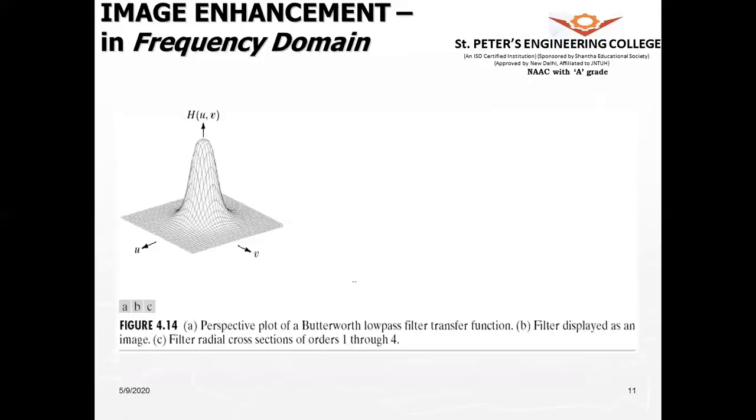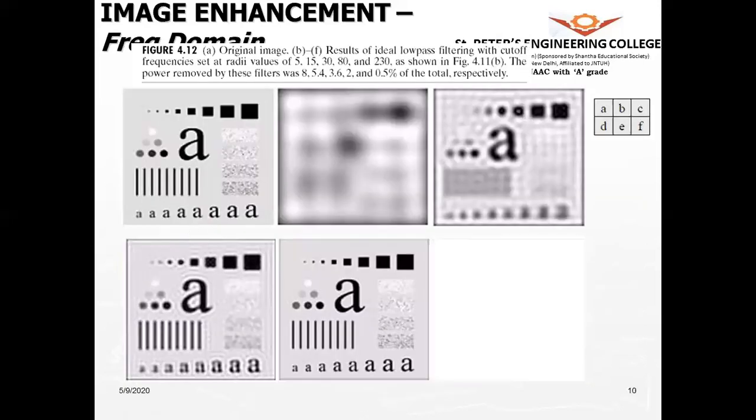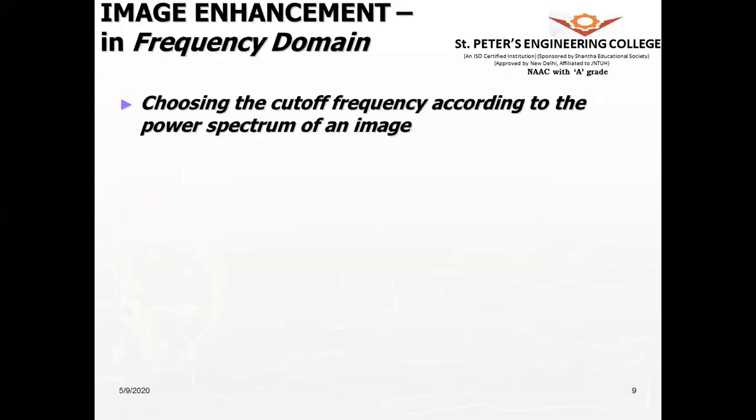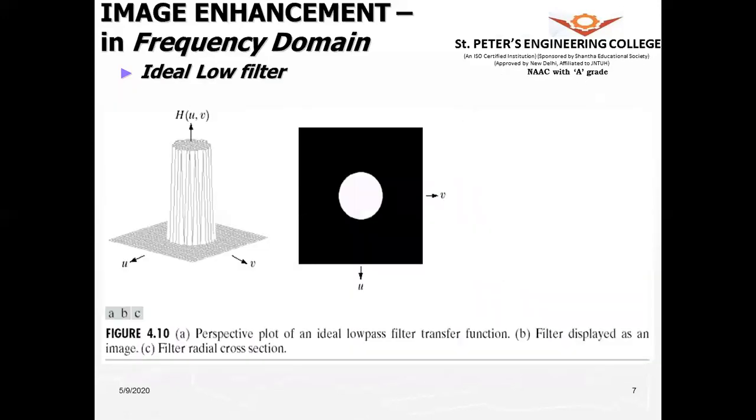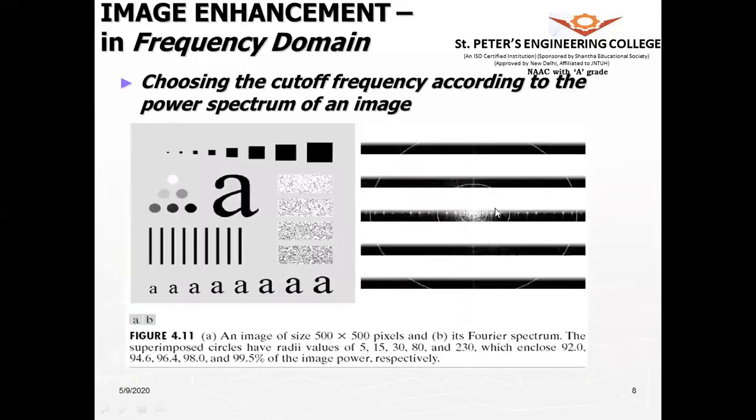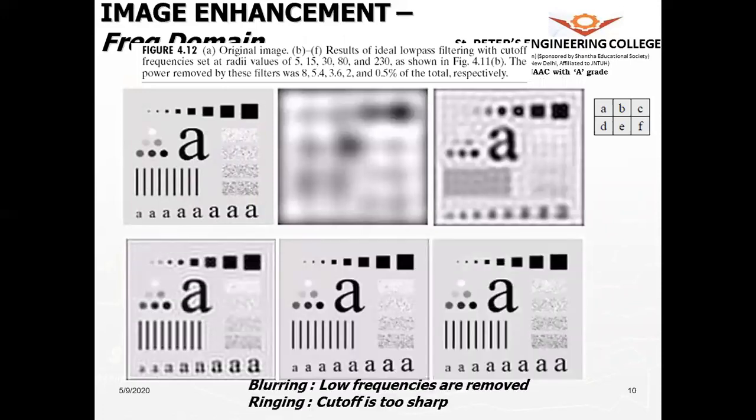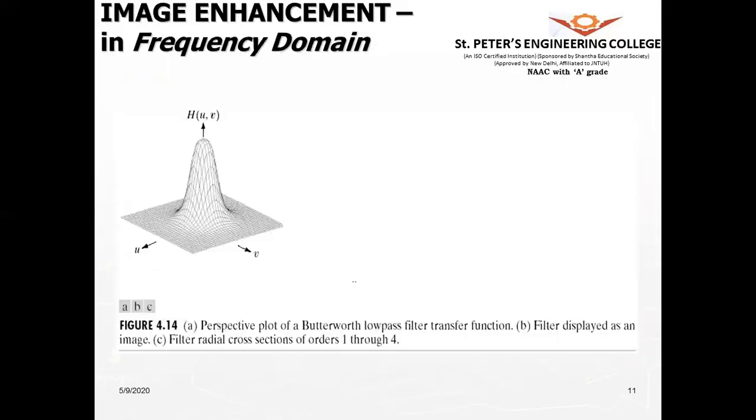So therefore, we go for a filter which has smoother transitions and not abrupt transitions. So the ideal low pass filter, if you come back here, yes, it has a sudden or abrupt transition. This is what results in the ringing. So therefore, this is an undesirable effect. So therefore, we go for different filters other than the ideal low pass filter.